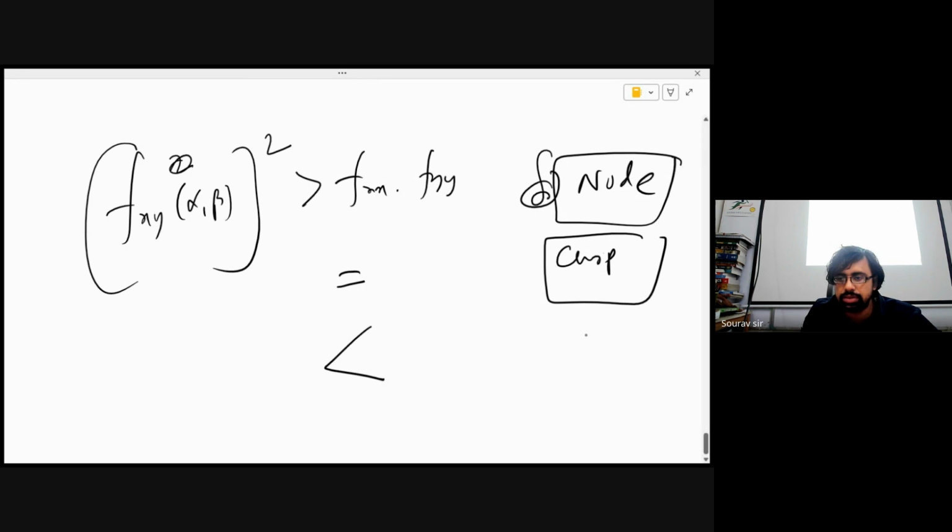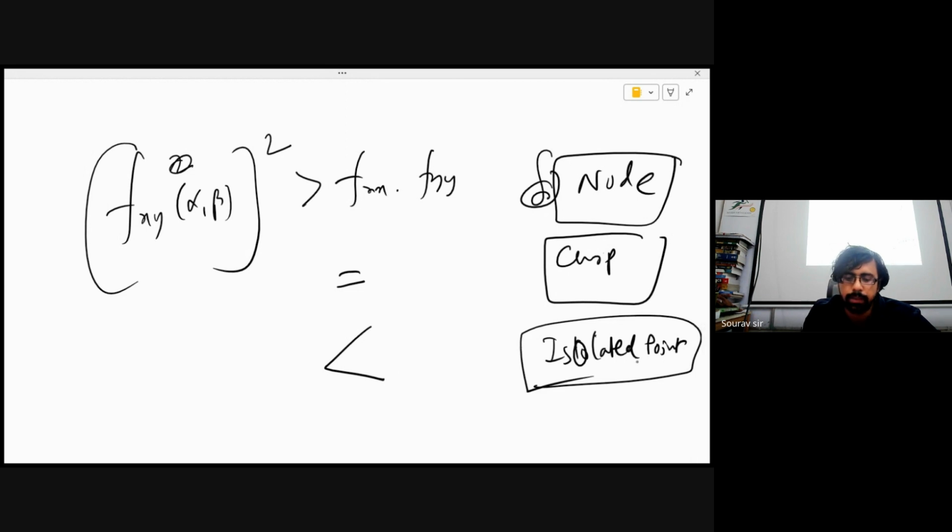Less than हो गया isolated point. ठीक है, node, cusp, isolated point.